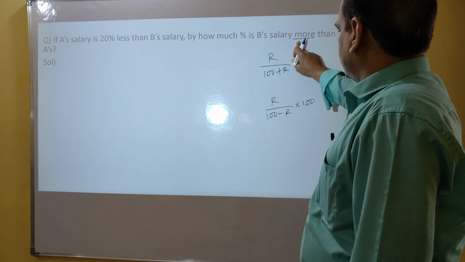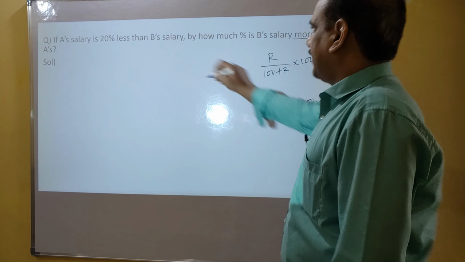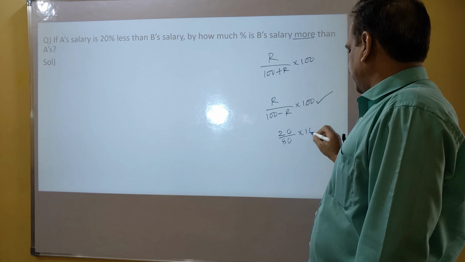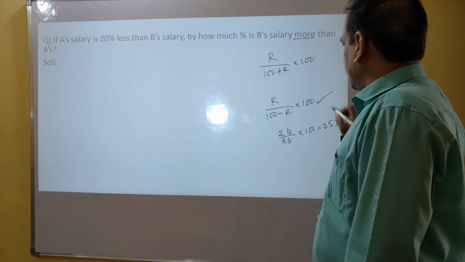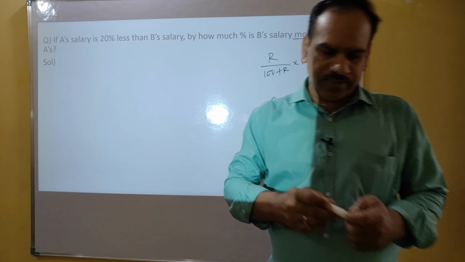We need more, so the denominator should be less, so you take this one. What is R here? 20%. 20 by 80 into 100. 1/4. 1/4 of 100, 25%. So B's salary is 25% more than A's salary.